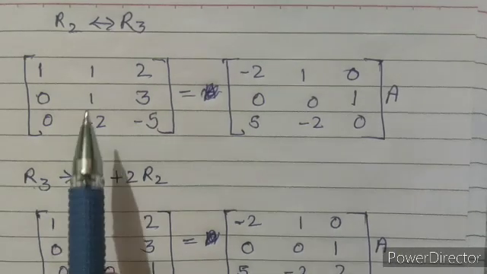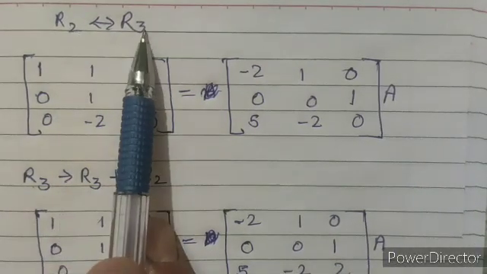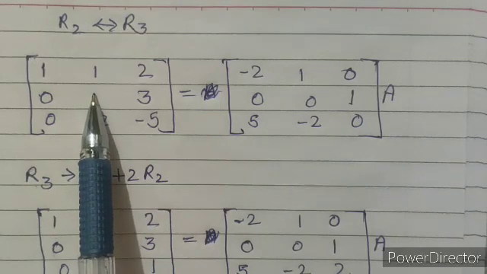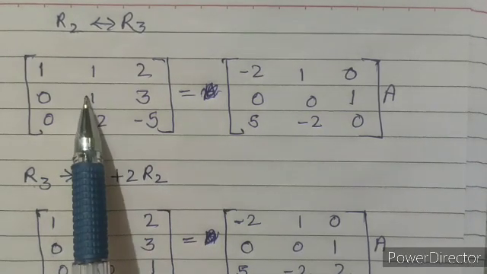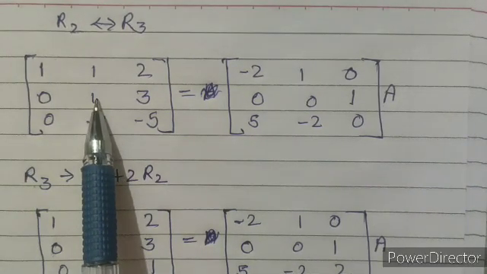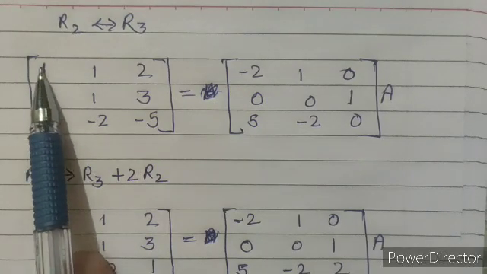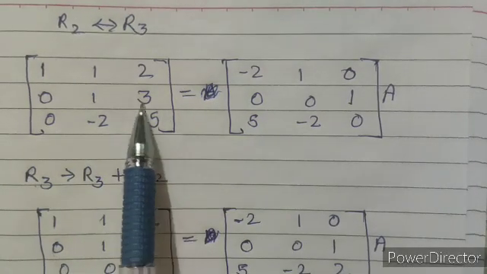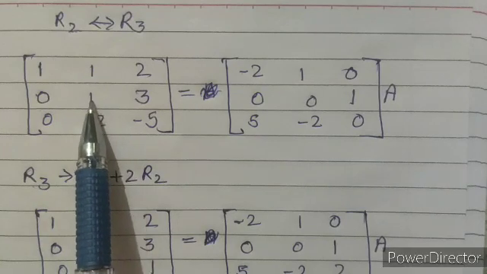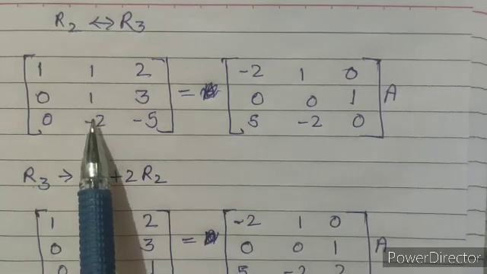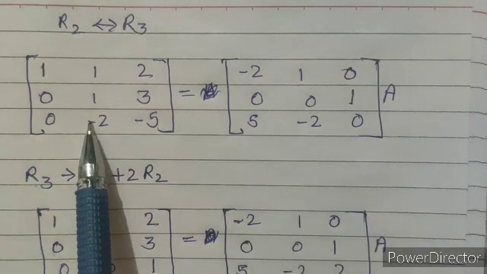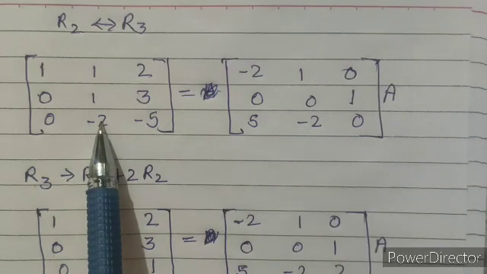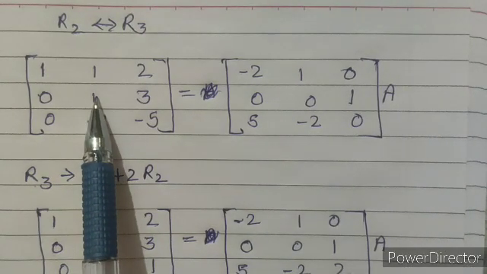Now after interchanging row 2 and row 3, we have got 1 as the second row second element, and in an identity matrix all the diagonal elements are equal to 1. So now we will convert this minus 2 into 0. Now minus 2 plus 2 will give us 0.